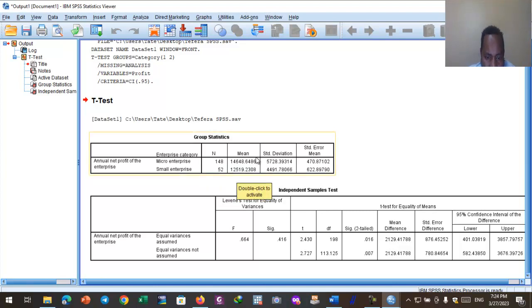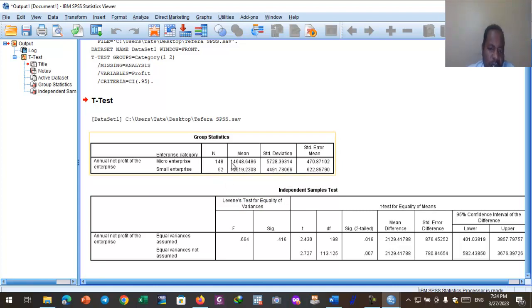And the average annual profit of micro enterprises is 14,648.65, let's say. And for small enterprises, the average annual profit is 12,519.23.